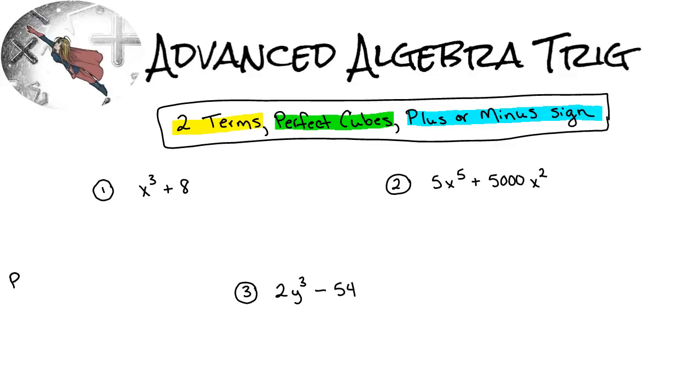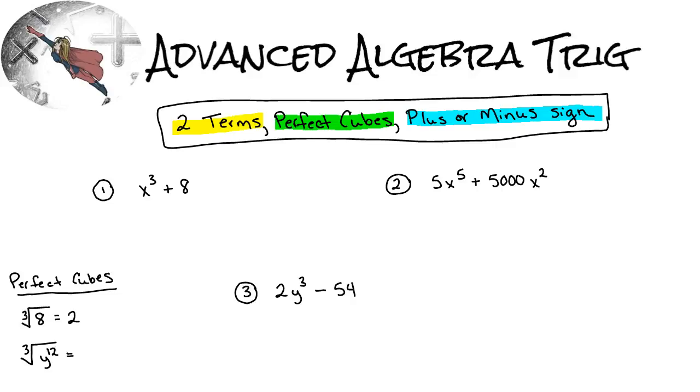Let's remind ourselves. Perfect cubes are just numbers or variables that you can take the cube root of. So like let's say I had the number 8. Well, if I try to take the cube root of 8, it does equal perfectly 2, so that is a perfect cube. Let's say if I'm trying to take the cube root of y to the 12th.